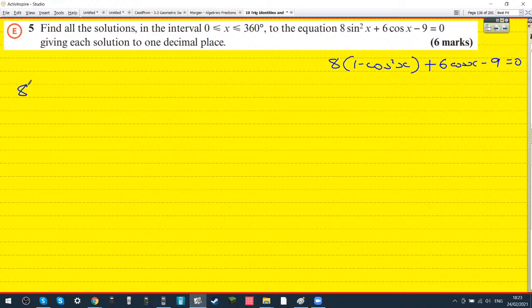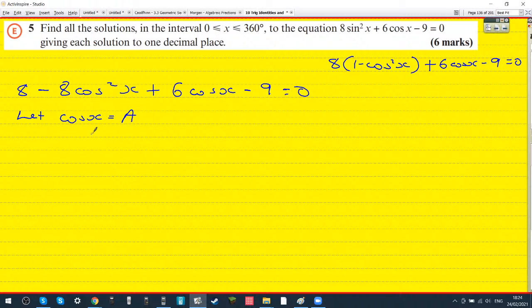So 8 minus 8 cos squared x plus 6 cos x minus 9. Then let's make cos x become a.